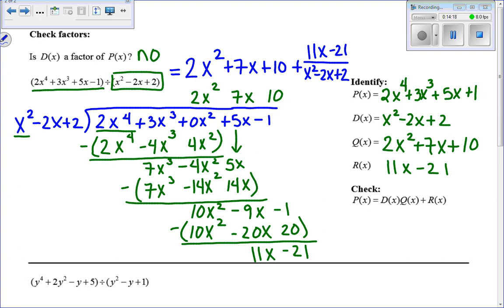So that would be the official answer. Okay? Now if you want to check, you can multiply your d of x times your q of x, and then you add r of x, this being r of x.